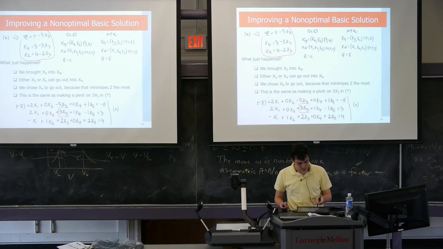Okay, so we choose x4 to go out because that minimized the most. You can also check that this is the same as making a pivot in the 3x3 system. Again, we checked the relative cost factors. It was -5, which is negative, so we decided to pivot either here or here. Based on this ratio, 3/3 is less than 4/2, so x4 is going out. In other words, we do a pivot here.